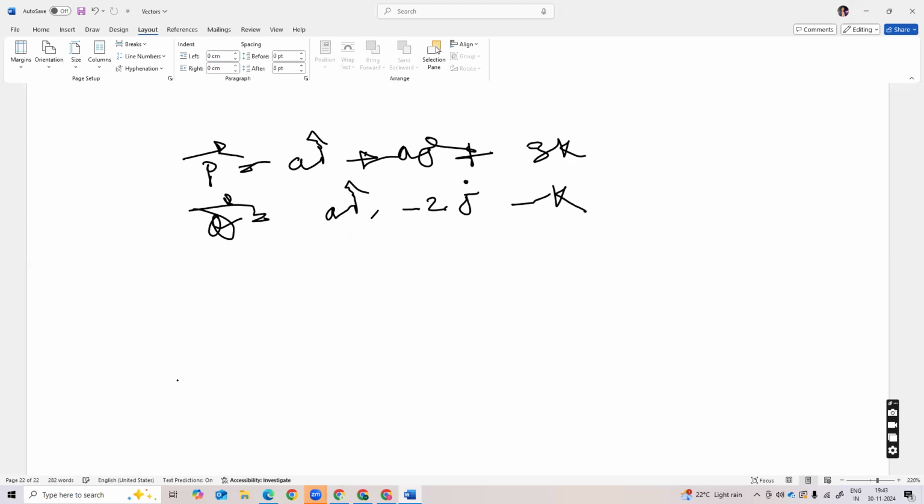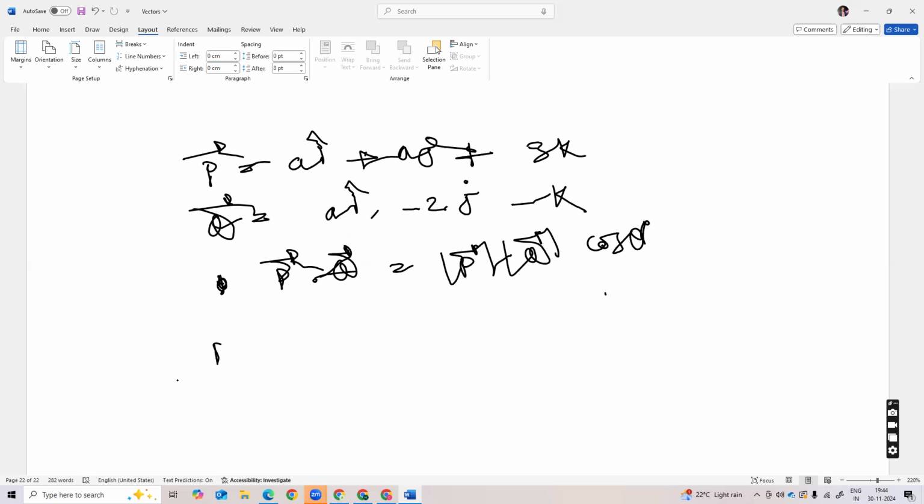They are telling us these vectors are perpendicular to each other. When vectors are perpendicular, their dot product must be zero, because the dot product of two vectors p dot q is mod p mod q cos theta. When vectors are perpendicular, cos 90 is 0, so the dot product of the two vectors is 0.